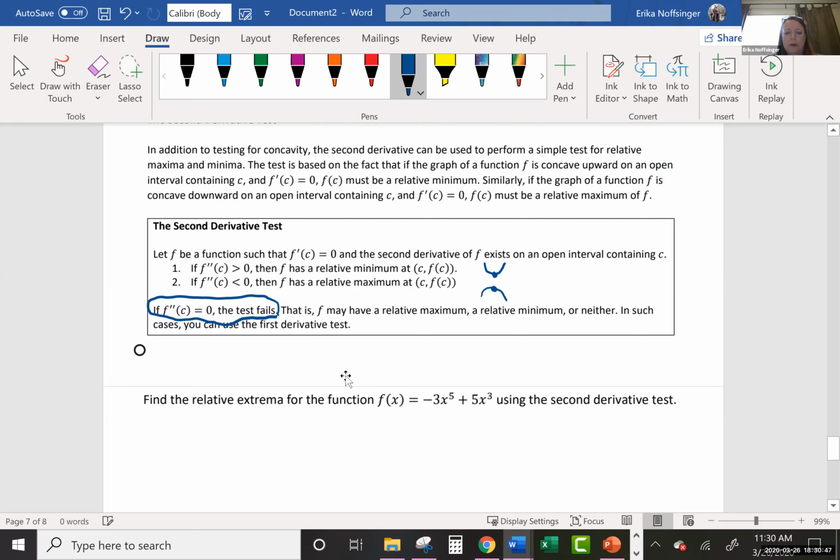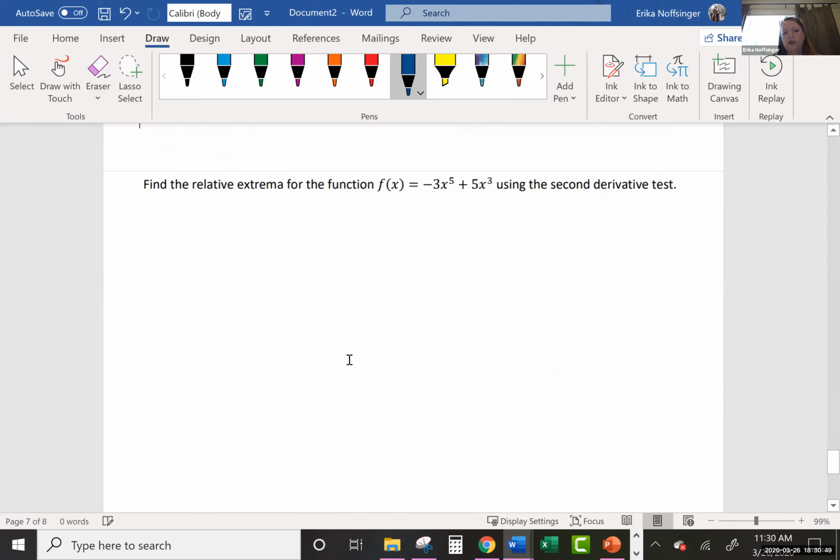So here's an example. And so we're going to find where the max and the min occur. When it says relative extrema, it's just saying that you're trying to find where is the local max or local minimum values. And so looking at f of x, I'm going to first find my first derivative. And so taking the derivative of negative 3x to the 5th, I get negative 15x to the 4th.